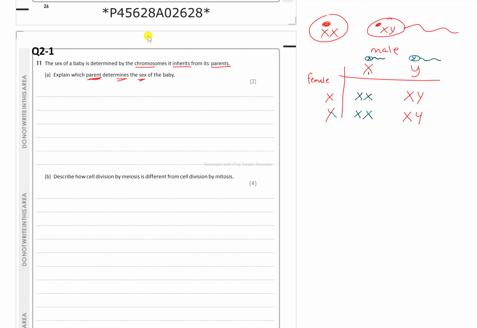So what we can say is it is the male who determines the sex of the baby, because the male is XY.